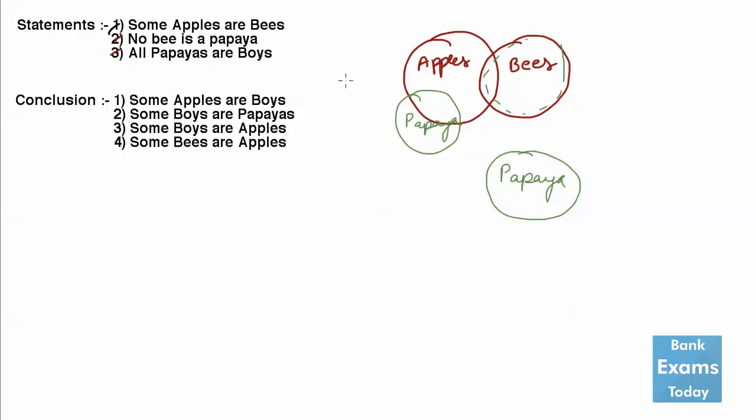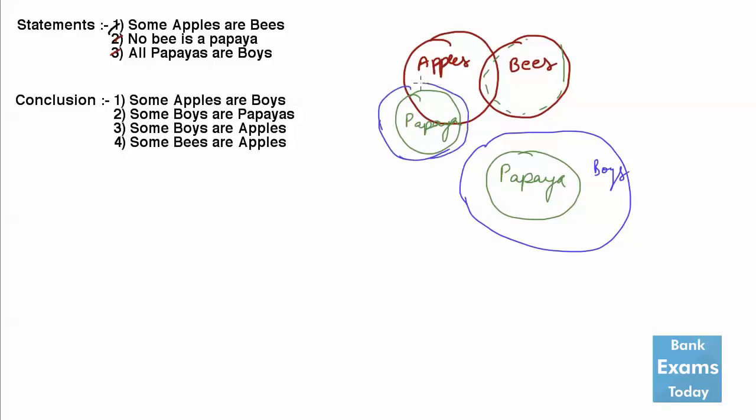And the third one is all papayas are boys. So all papayas are part of the bigger circle, boys. So it can be like this. This is for boys. So now move on to the conclusions.